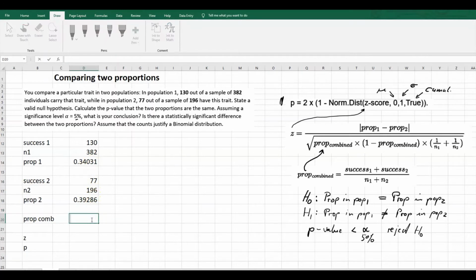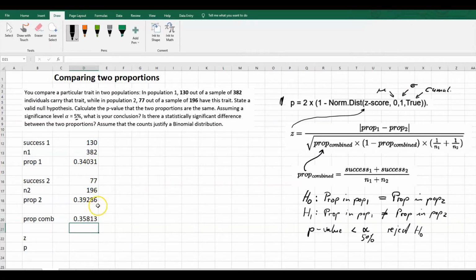Now we also need to calculate the combined proportion. So for that, we add up the successes, 130 plus 77, and we divide it by the total of the sample sizes.